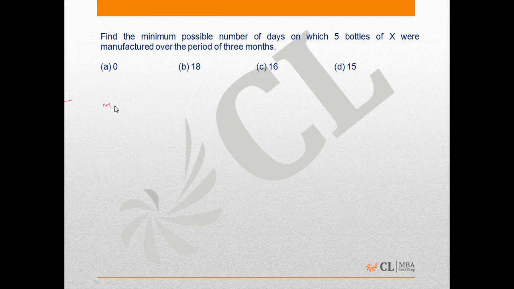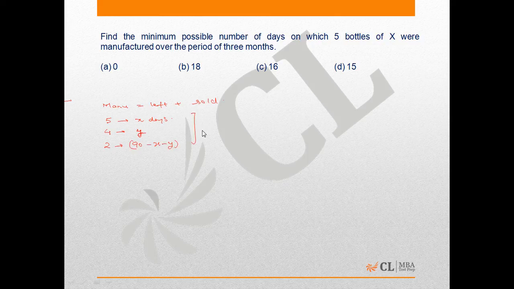Now again, manufactured is equal to left plus sold. Assuming that 5 bottles were manufactured on X days, 4 on Y days, and 2 on 90 minus X minus Y days.